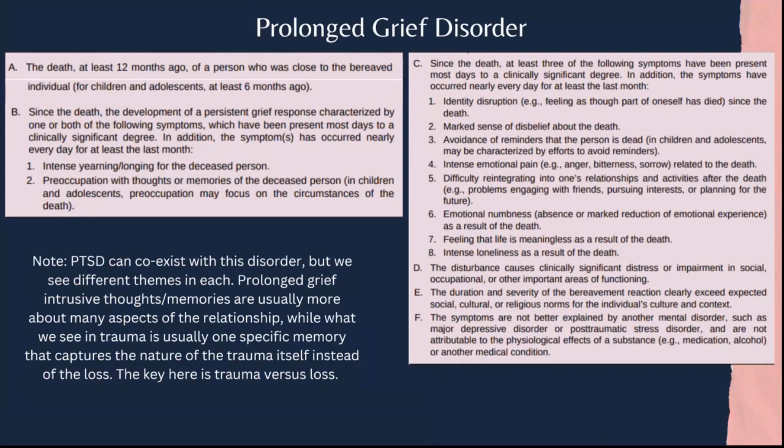Since the death, there is a development of persistent grief response symptoms, characterized by one or more of these symptoms being present most days to a significant degree, nearly every day within the last month. First, intense yearning and longing for the deceased person, and preoccupation with thoughts or memories of the person who died. This is different than bereavement.